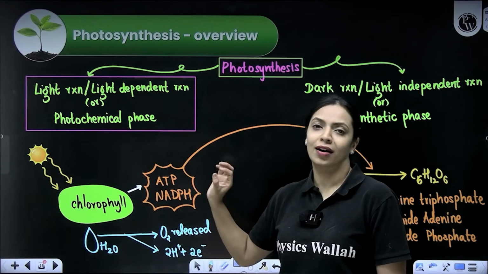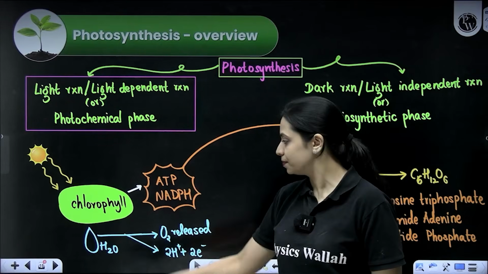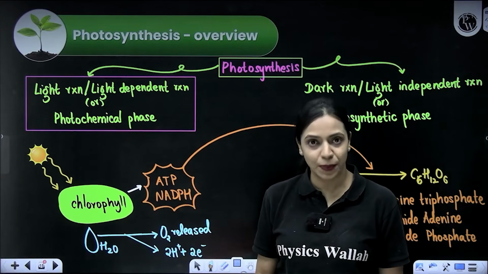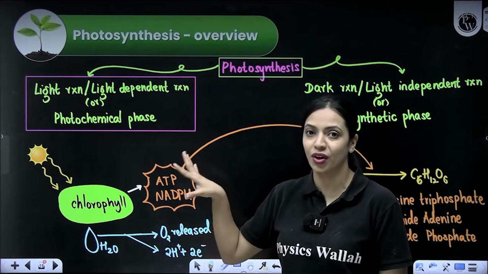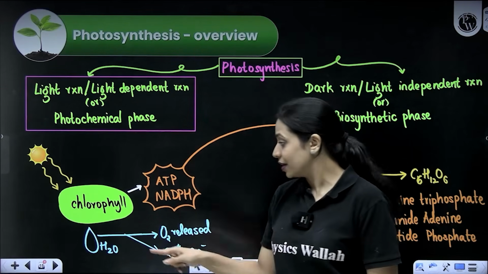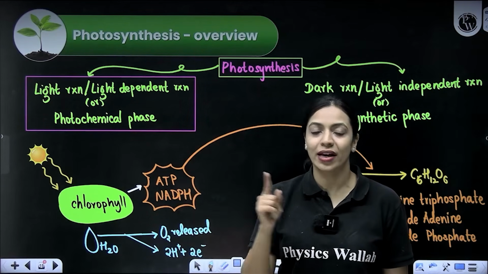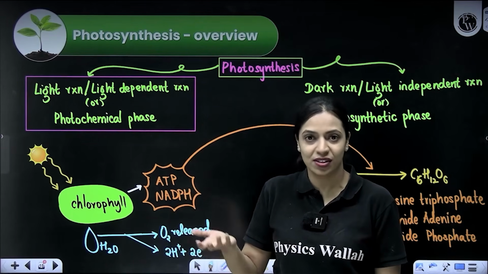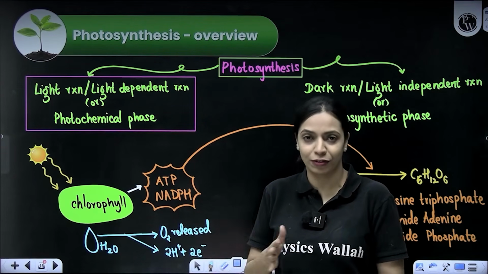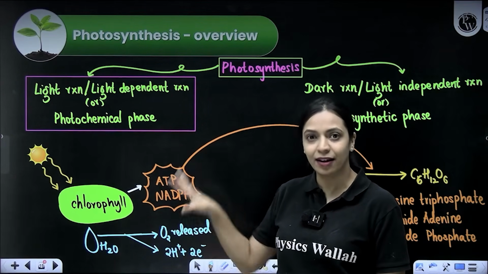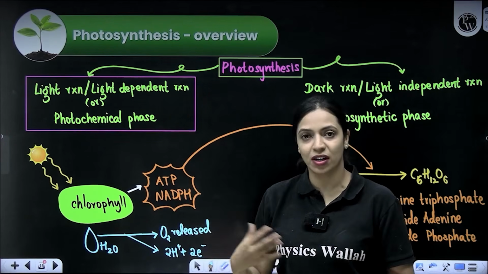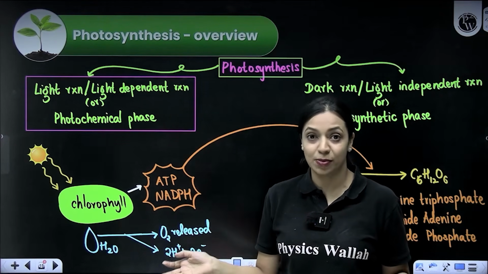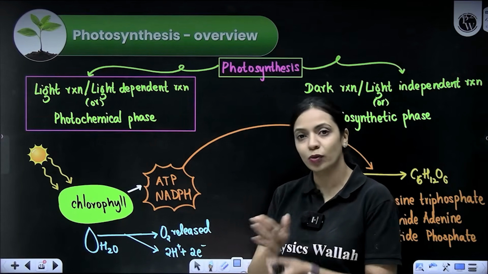And while light reaction is happening, water molecules will split to give oxygen, protons and electrons. So this is what happens during the light reaction. The splitting of water is called photolysis of water. Usually water is a very stable compound. It does not break off very easily. But here during photosynthesis, in the presence of sunlight and with the help of certain enzymes and the water splitting complex, water will split.